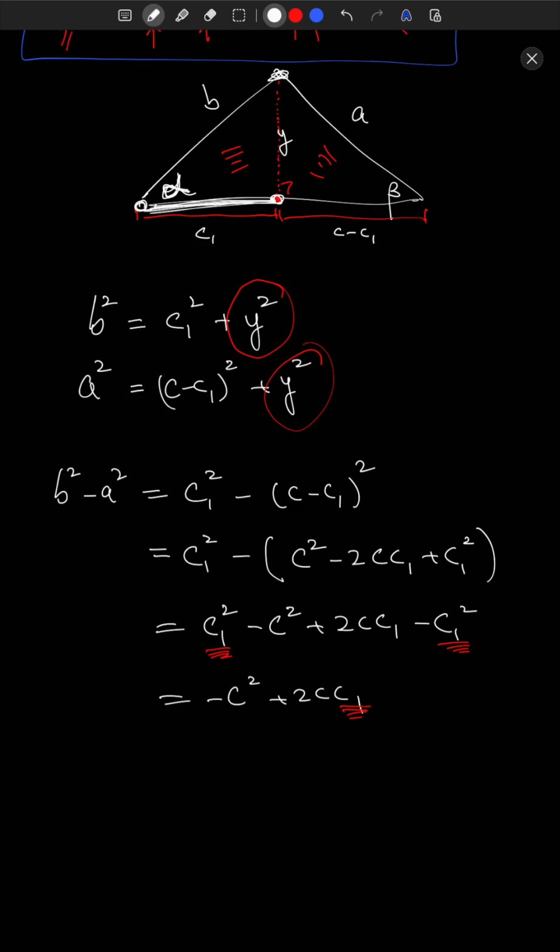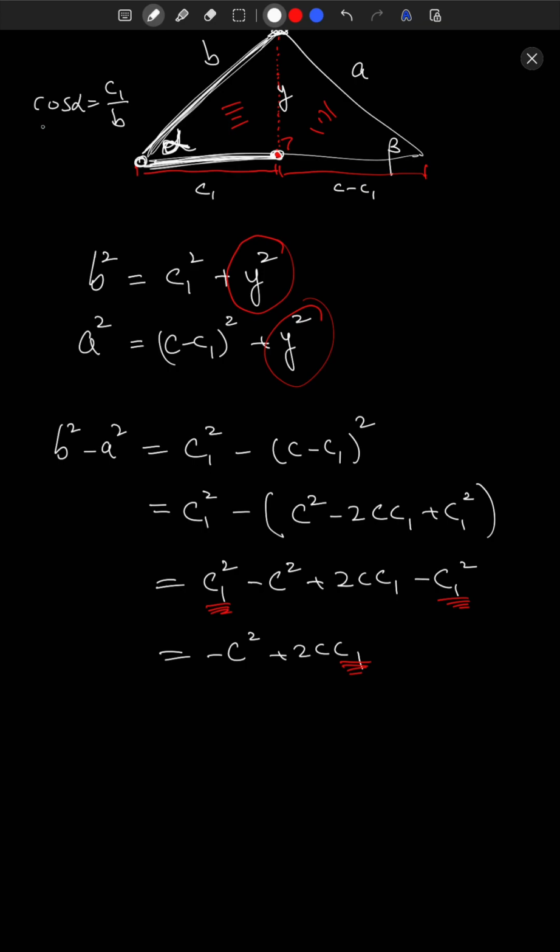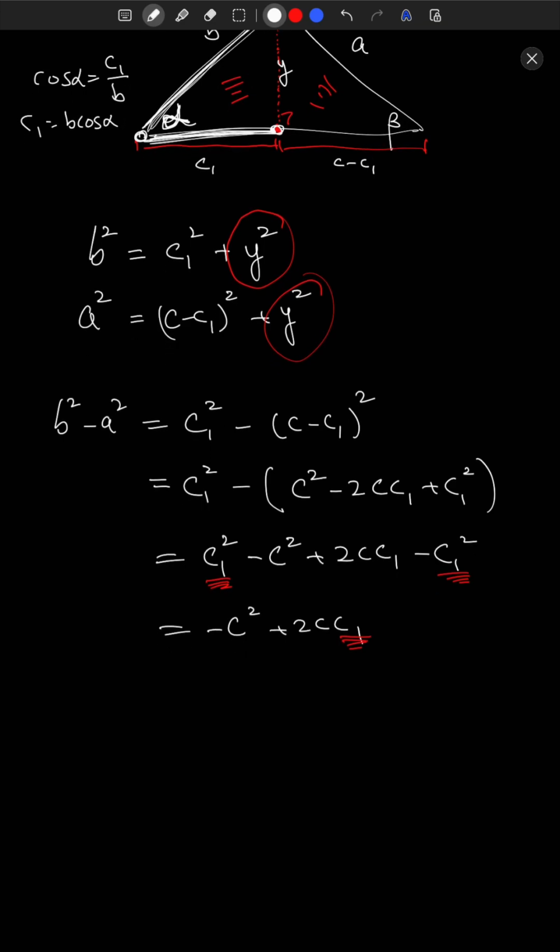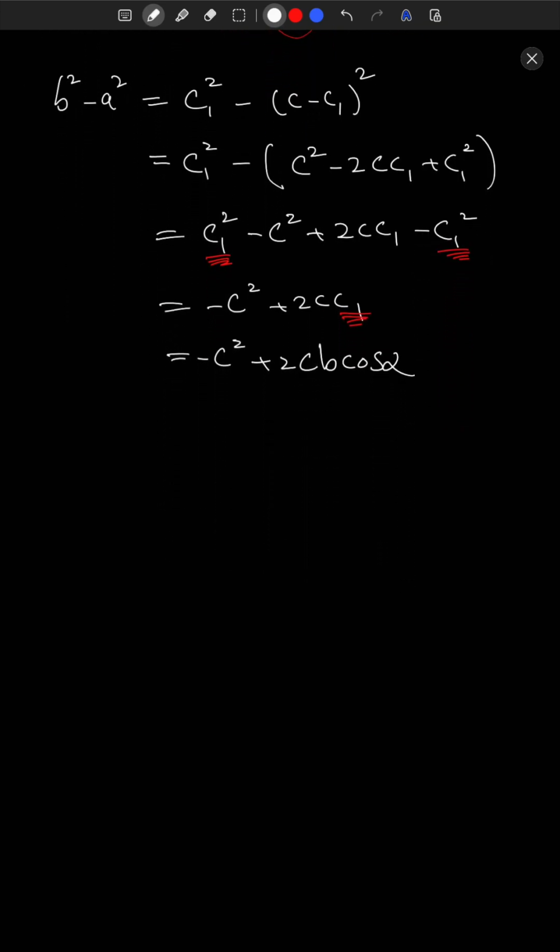We have this right triangle with hypotenuse B, so cosine alpha equals C1 over B, adjacent over hypotenuse. That allows me to convert: C1 equals B cosine alpha. So this C1 down here, I can rewrite as B cosine alpha. Now these are all the ingredients I need. I've gotten rid of all the terms that I made up, the y's and the C1s. Now I just have to reorganize.